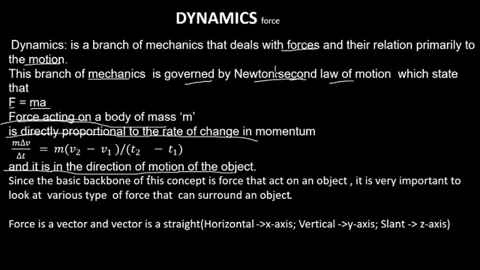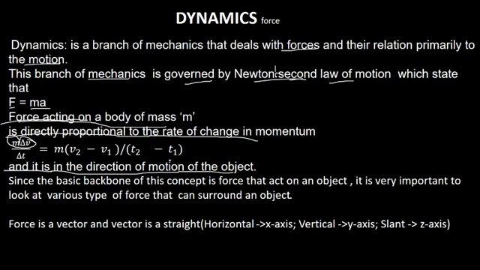What is the meaning of momentum? Momentum is mass multiplied by velocity. When it becomes a rate, we divide it by time. That is the time rate, and the meaning of this is just (V2 minus V1) divided by (T2 minus T1).